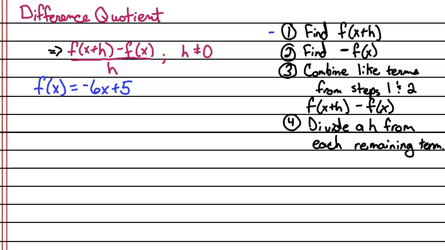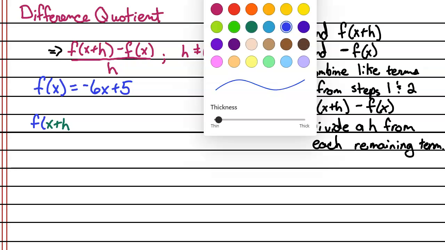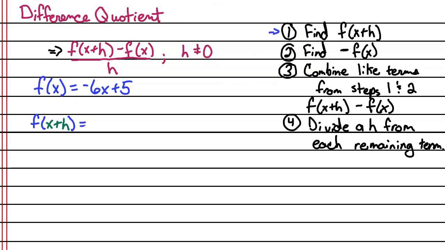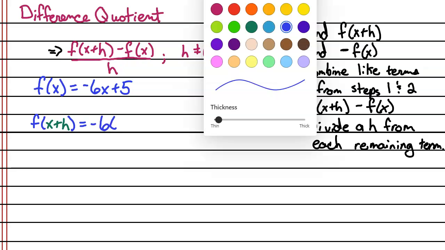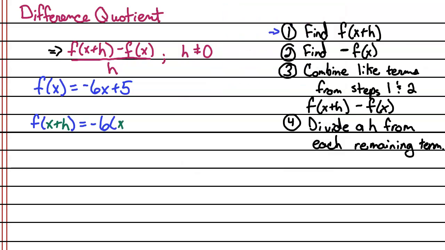So my first step tells me to find f of x plus h. Okay, so I'm going to find f of, and remember that when we plug in x plus h, I'm going to replace every x with that x plus h. So I'm going to have an x plus h here.